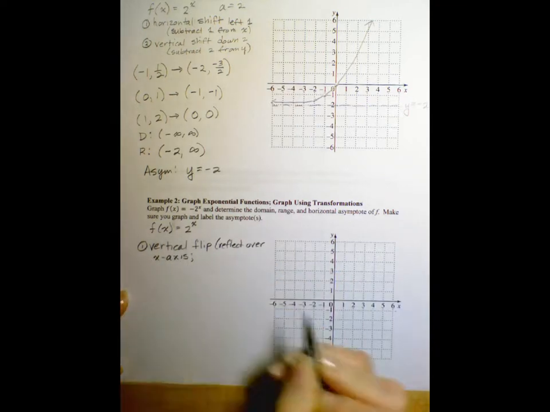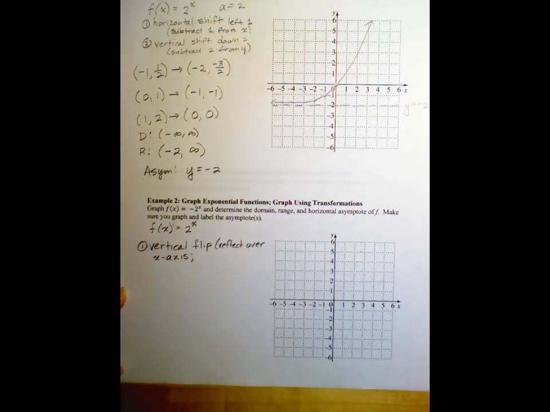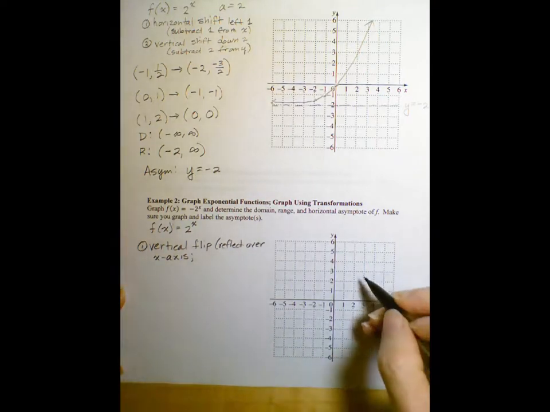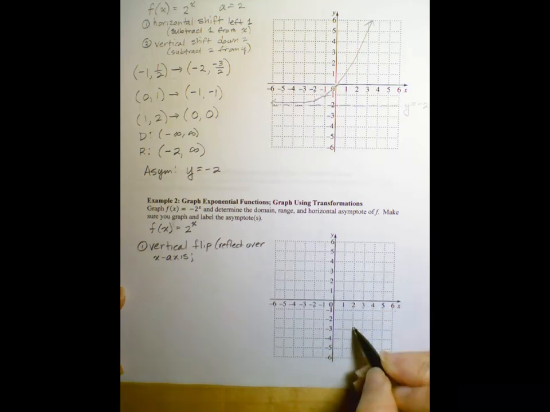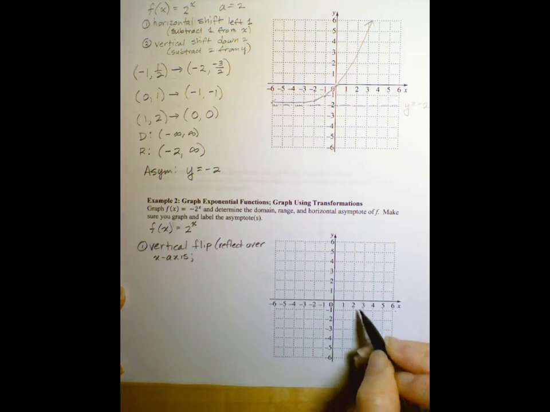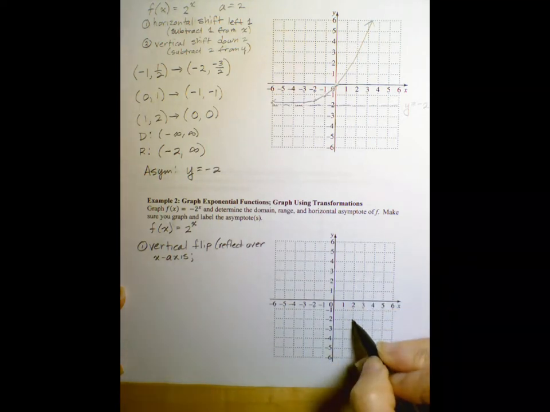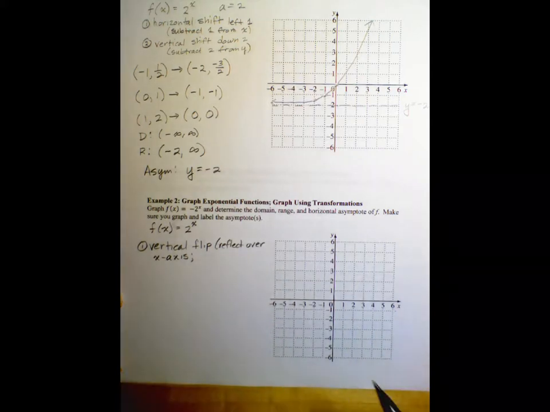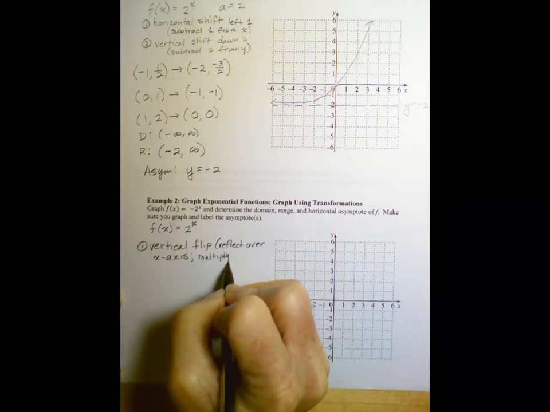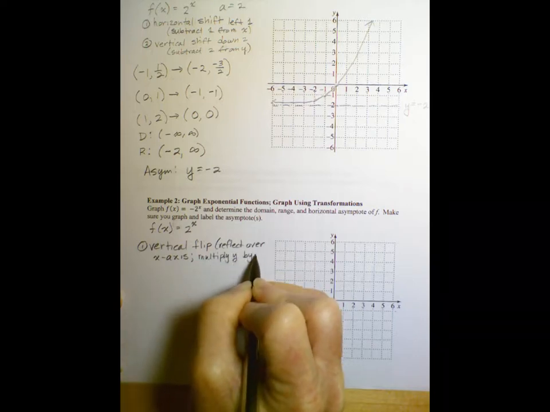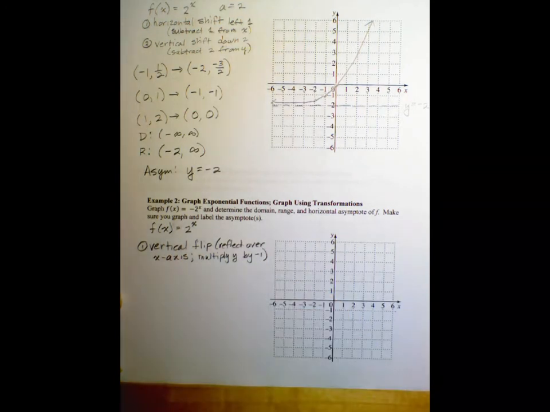And so what makes our points do that? If I had just some random point here, 2, 2, and I want to flip it over the x-axis, it becomes 2, negative 2. So which variable changed, x or y? The y changed. And what changed about it? Its sign. To change the sign, we'll multiply y by negative 1. That's all we need to do.